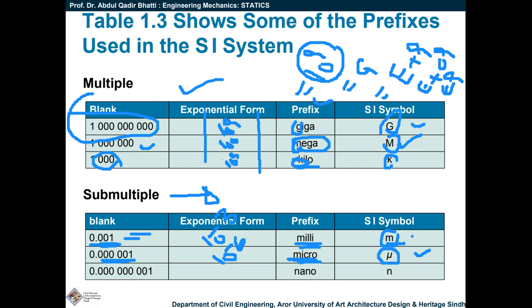Then how many digits after the decimal here do we have? We have 9, minus 9. 3 plus 3 plus 3, minus 9, right? So we call it nano, and we have this n symbol for it, okay. Nanoparticles or nano scale, normally we use, it means 10 to the power -9.